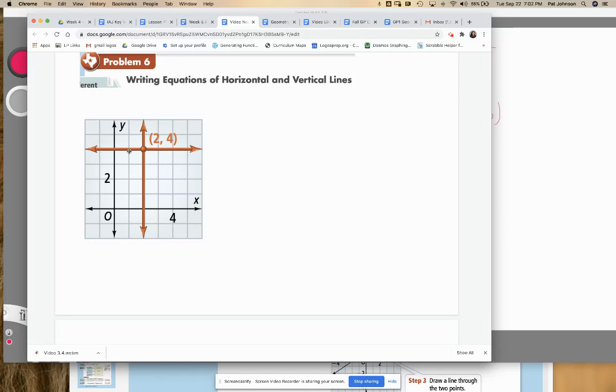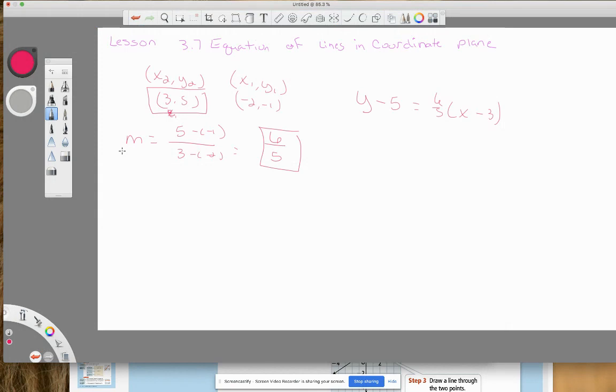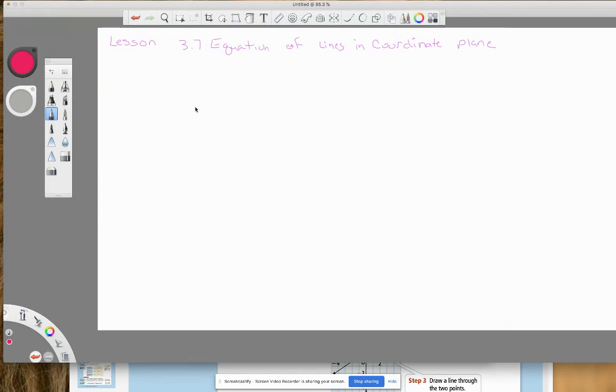So if I go here, it's going to be 1 comma 4, 0 comma 4, negative 1 comma 4, 4 comma 4, 3 comma 4. And it crosses the y-axis at 0 comma 4. Therefore, the equation of a horizontal line is always going to be y equals whatever that y coordinate is, 4.